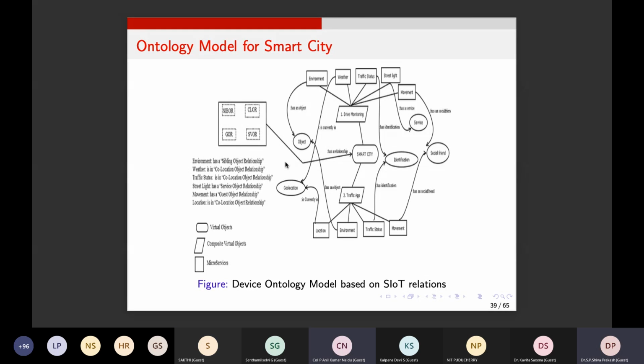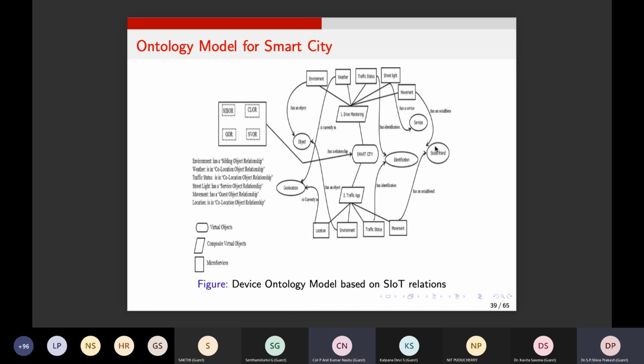It has an 'is in' relationship with geolocation, and the environment has some object, and here also this environment has some object. Similarly, this location is currently in some location, and the movement is an attribute, or an individual has a social friend.